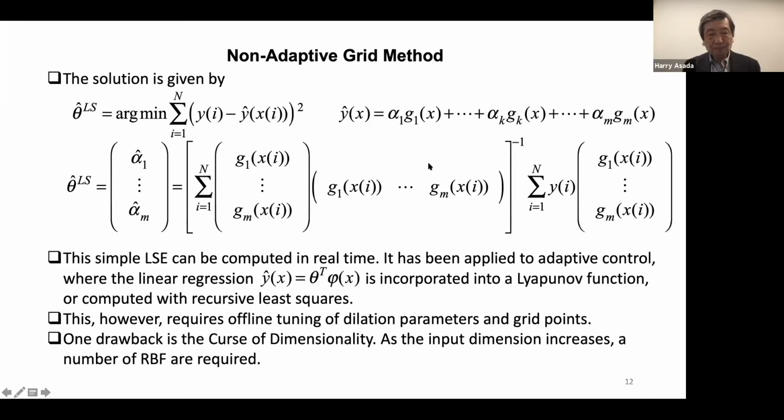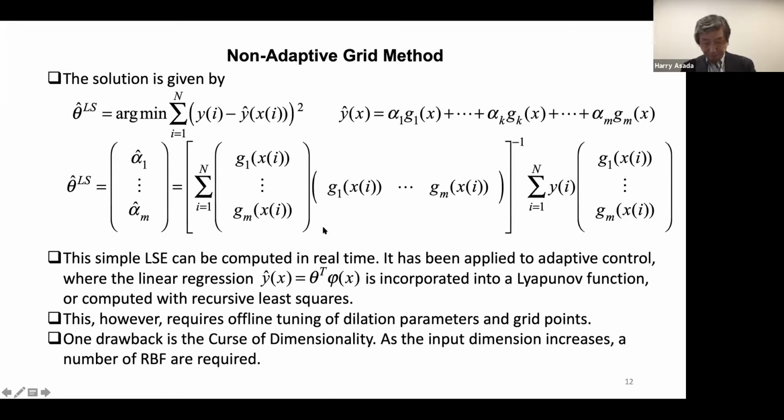We assume that the data is rich enough to span the m-dimensional space, so that this matrix is invertible. And on this side, the product between phi and y produces this term, right? So this simple least squares estimate can be computed in real time.